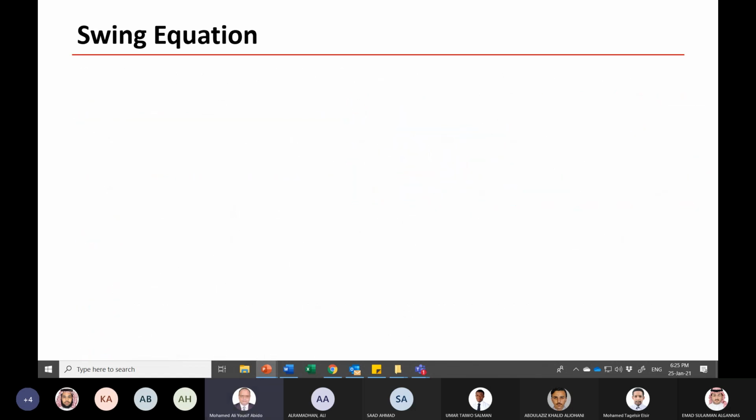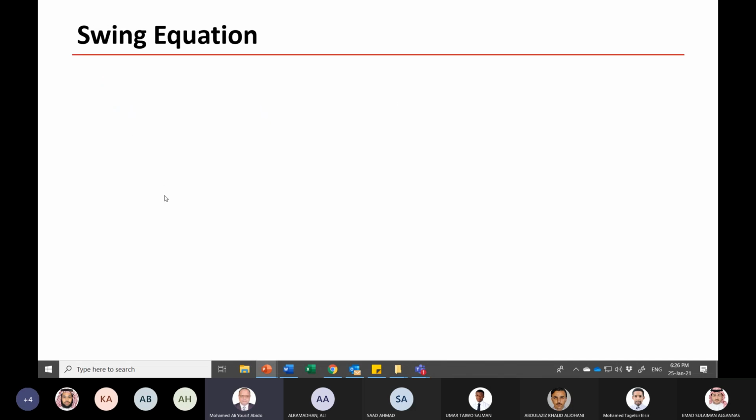But here, this mechanical displacement or angle, we need to express it in terms of electrical angle. So we will see how to transform this mechanical angle theta m to the electrical angle, which is delta or theta e.